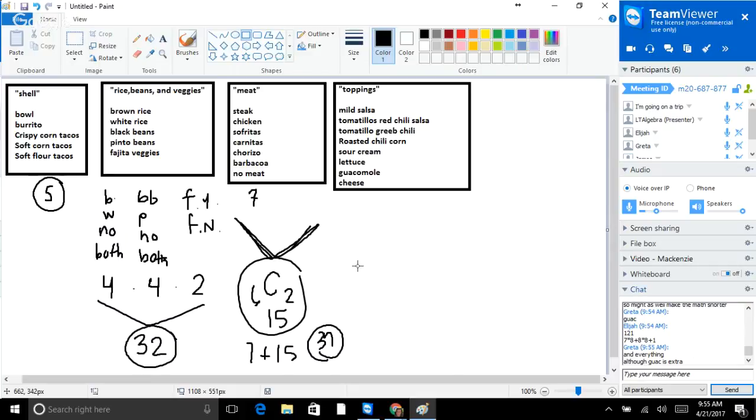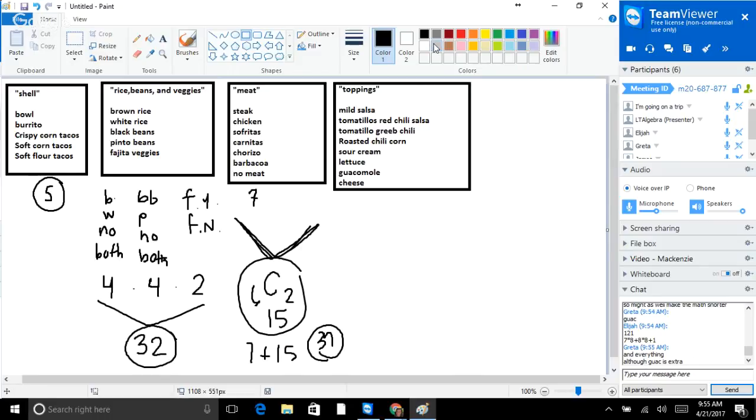Guac does cost extra. So we can't really go straight pick out of this, right? Because it's not a pick. You don't choose, do I want salsa or sour cream? You choose, I want salsa and sour cream and lettuce and guacamole and cheese.